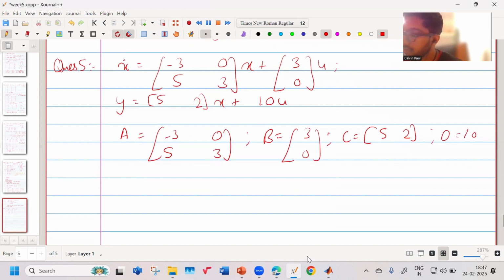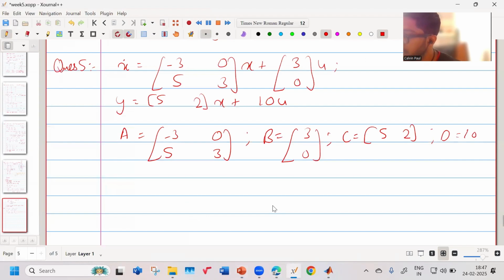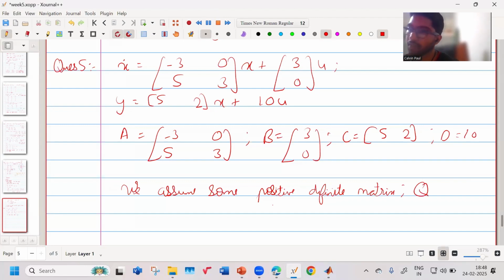One method sir has told is we can find A transpose R plus RA equal to minus Q. If we are using the Lyapunov method, we have to use this: A transpose R plus RA equal to minus Q. In this method, we assume some positive definite matrix. Let us say Q is [2 0; 0 2].